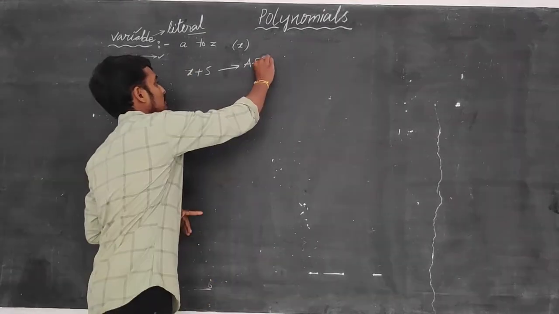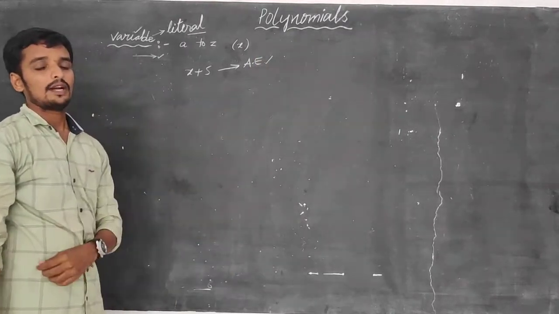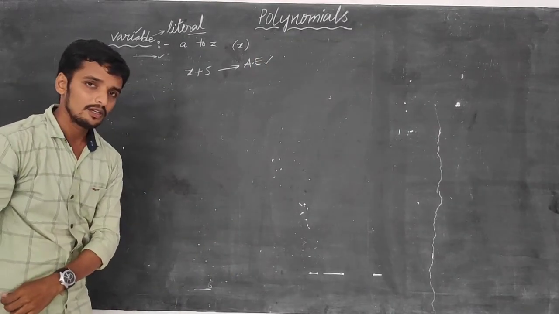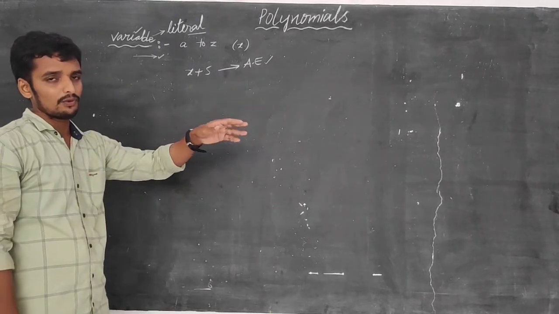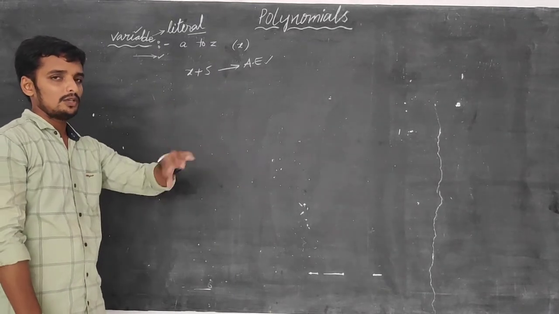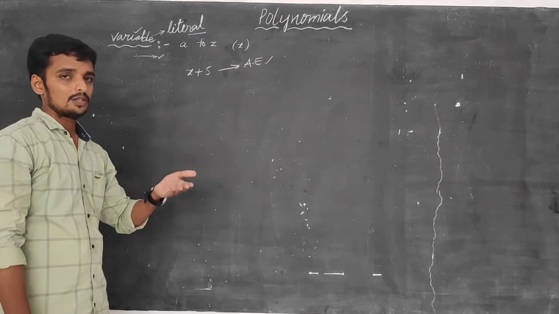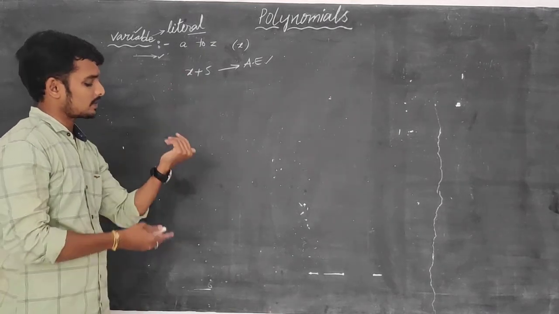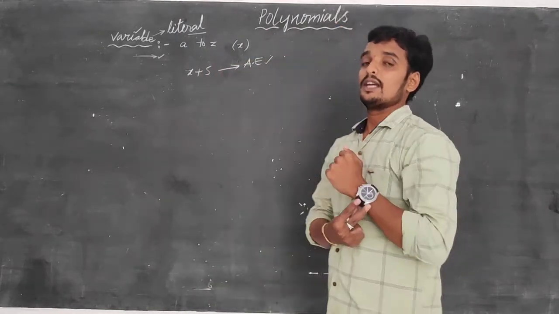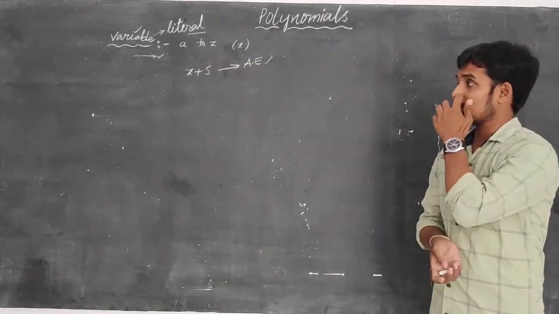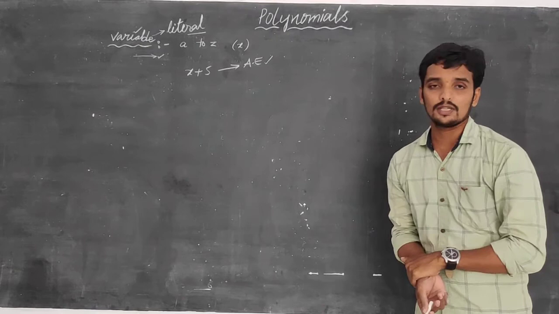Those are called algebraic expressions. If you can't understand, go back and see the notes. The definition of an algebraic expression is the combination of variables and numbers connected with the fundamental operations.